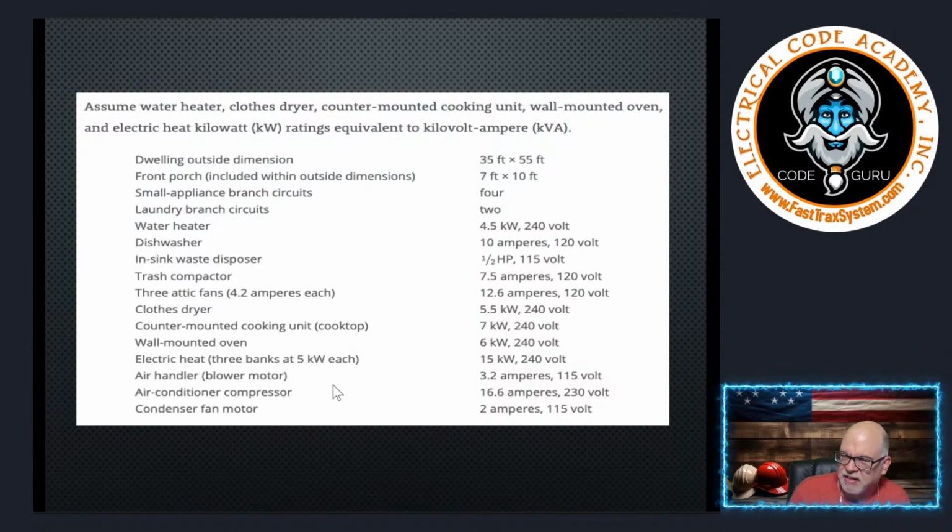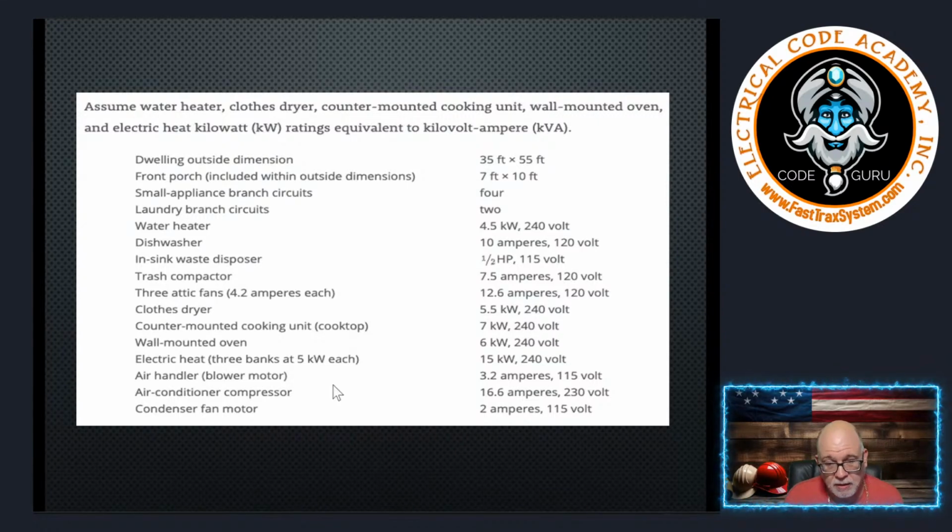The next we have is an air handler. That air handler will definitely be blowing the heat around as well. So remember that air handler at 3.2 amperes. Again, we're going to have to convert that to VA, again, amps times volts. It is not a non-coincident load. What that means is that when the air conditioning is running, the air handler works.